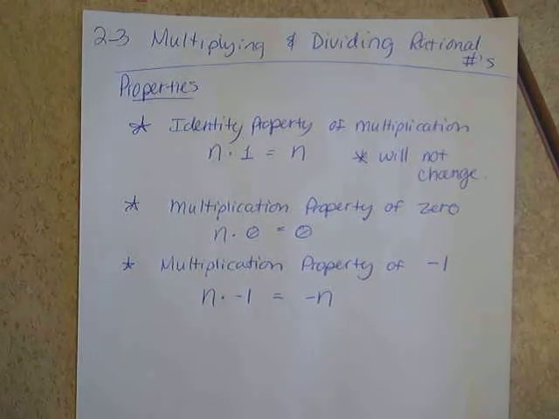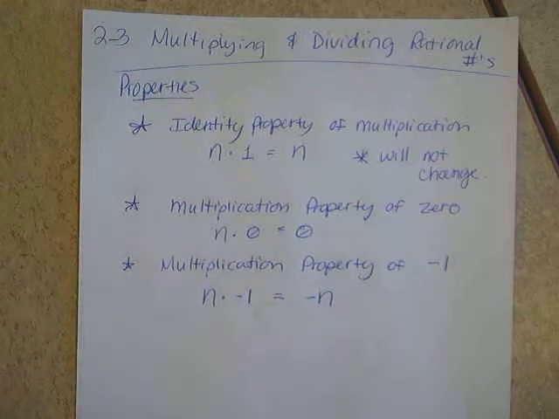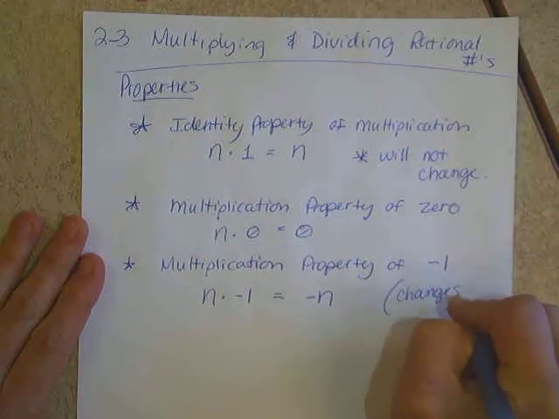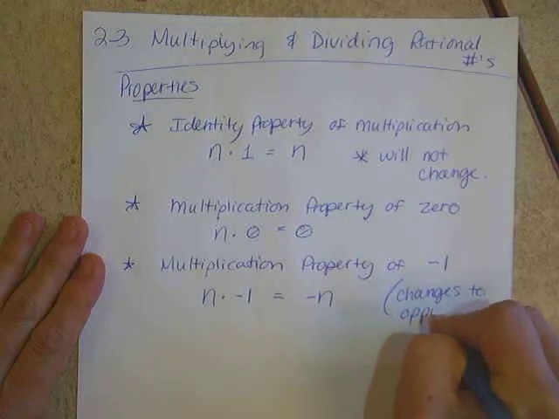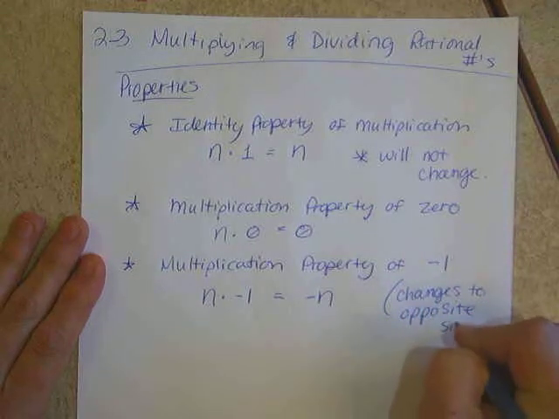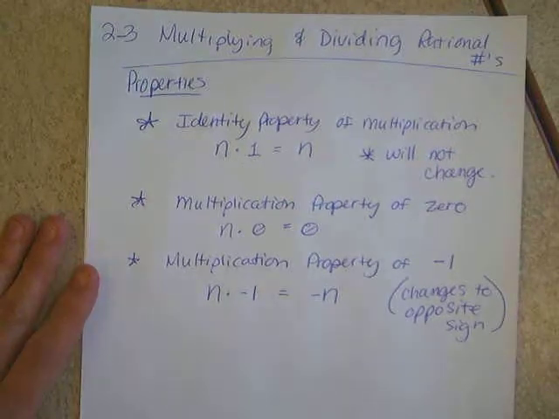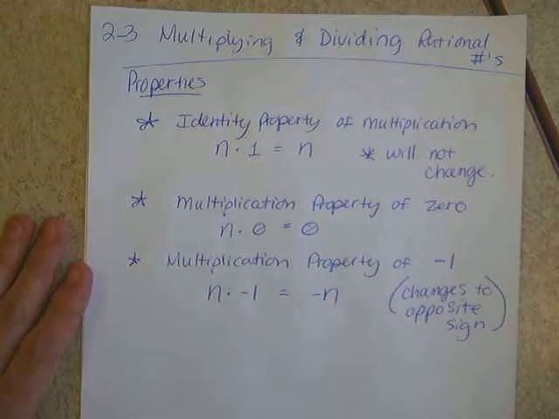So if n is positive, it would make it -n. Now the reason we don't want to say, oh, it makes everything negative, is because if it already were negative and you multiply it by -1, it's going to change it to positive. So it just switches it to the opposite sign of what it started with. So it changes it to the opposite sign.